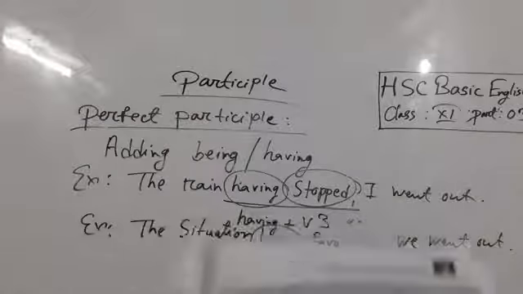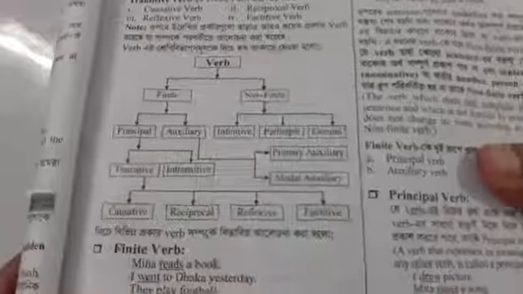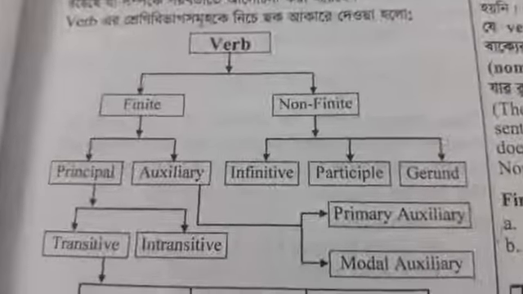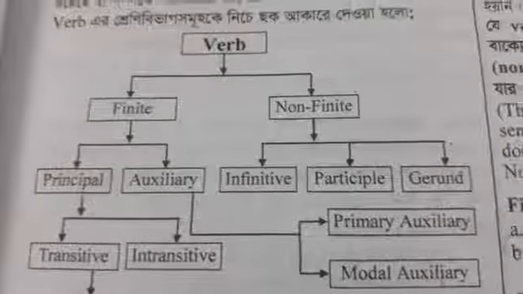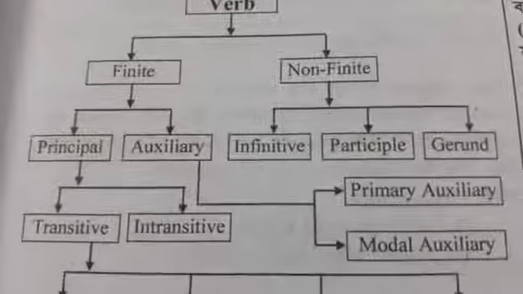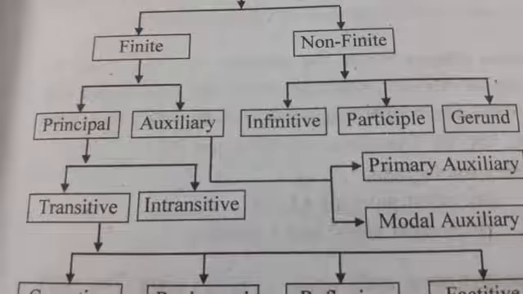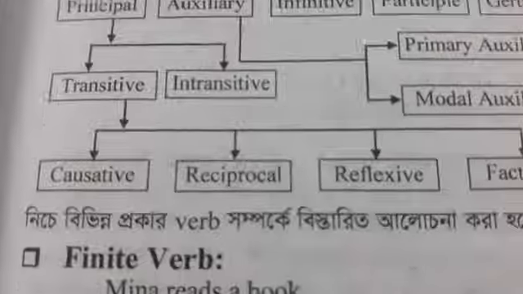So, verbs are mainly two kinds, that means finite and non-finite, you see here. The finite verb is of two kinds, principal and auxiliary.